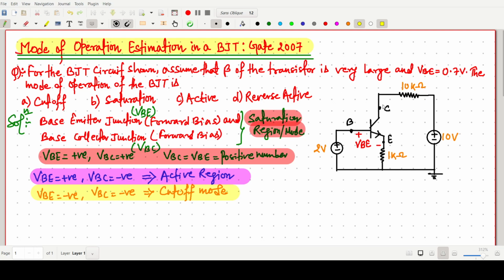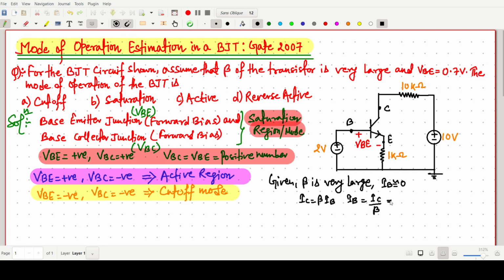Now what we have to do in this question: the given thing is that beta is very large. What does it mean? Beta is very large means IB will be nearly zero, because IC equals beta times IB, and IB we can write as IC by beta.